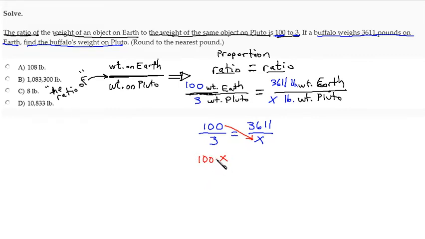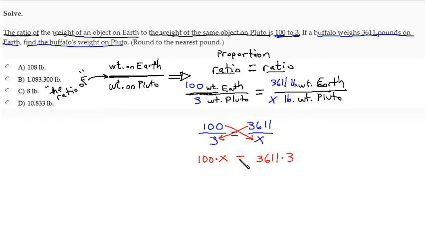That's called a cross product. Product implies multiply. Here's the other cross product: we go to the other numerator and multiply it by its opposing denominator, diagonally across the equal sign, and we get 3,611 times 3. These are the two cross products in this proportion.